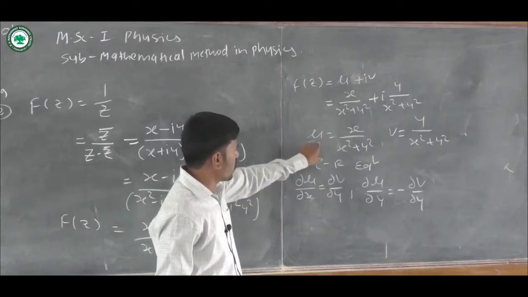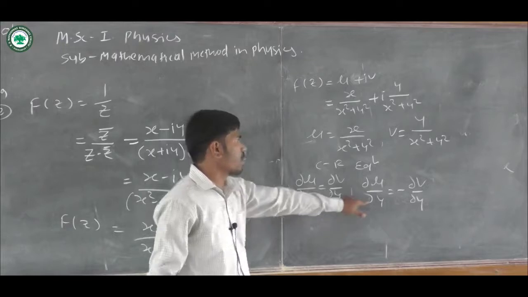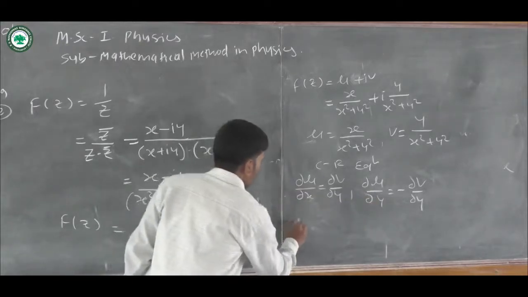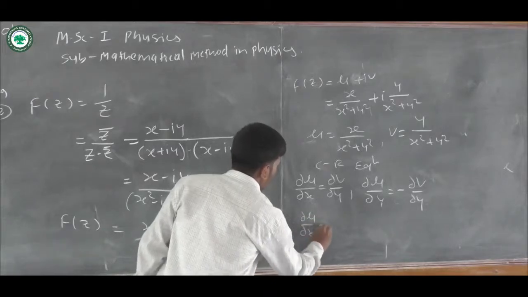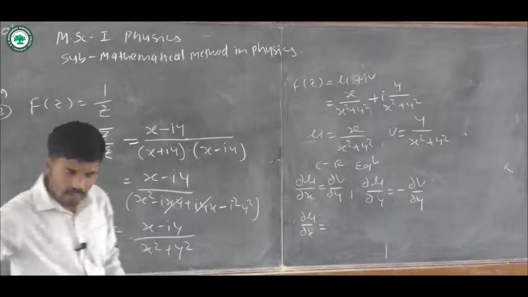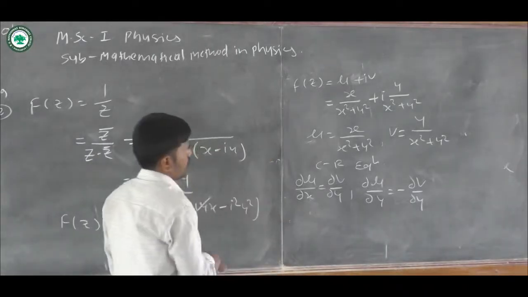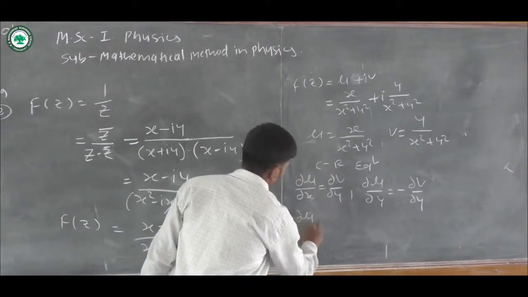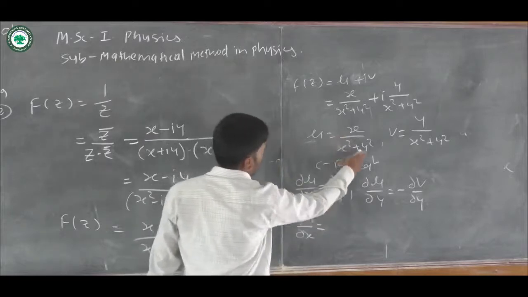So if we differentiate this u with respect to x first, and then y, like that. So let's try du by dx. Okay, so here we have x by x square plus y square.